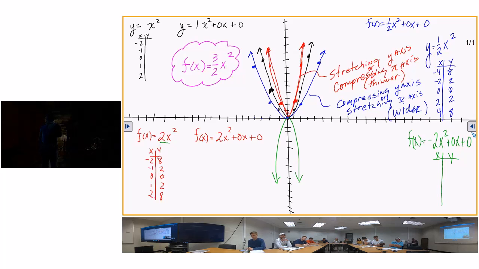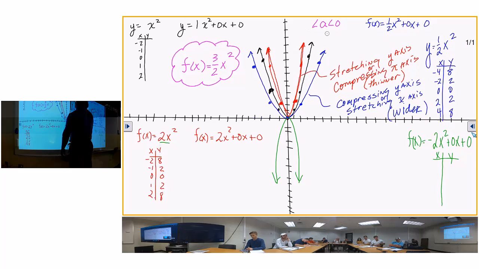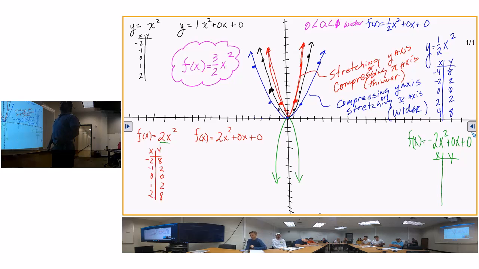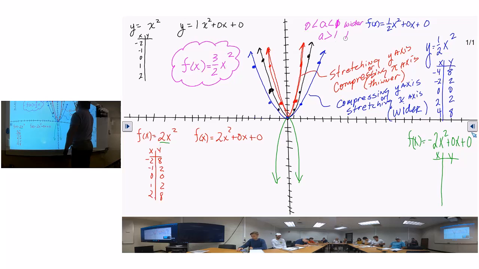It's going to be skinnier. Remember, a between 0 and 1 is going to be wider. Well, Hubert, that's a fraction. Yeah, but what is it? Somebody tell me what decimal that 3 halves is. 1.5. So that means it's greater than what? A is greater than 1, so therefore it's going to be what?